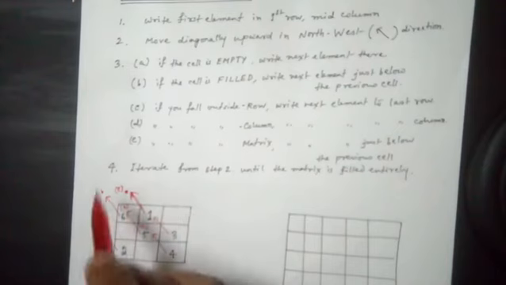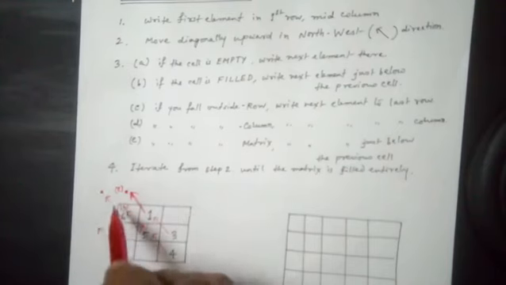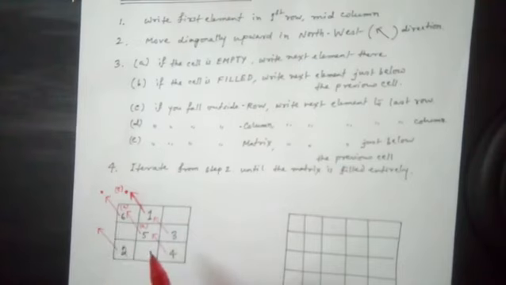Again we are moving diagonally upward. Now see, when you move to this particular location, you are basically falling out of the matrix because there is no row existing and there is no column, right? So you are falling outside the matrix, that is falling outside the row as well as outside the column.